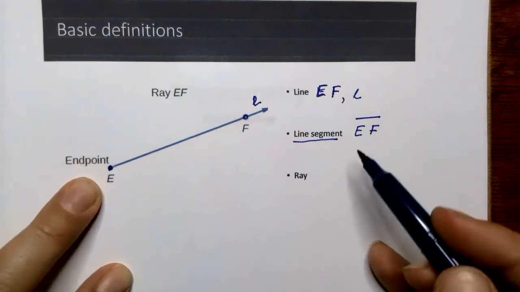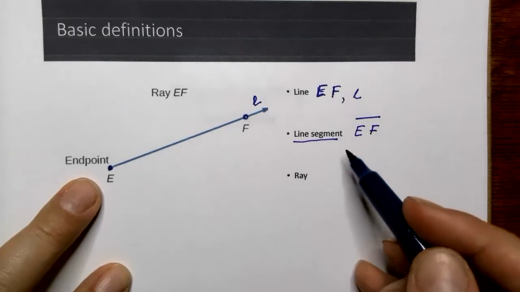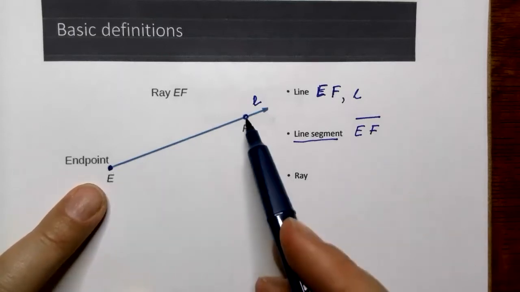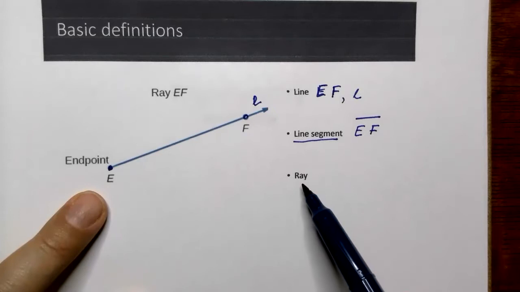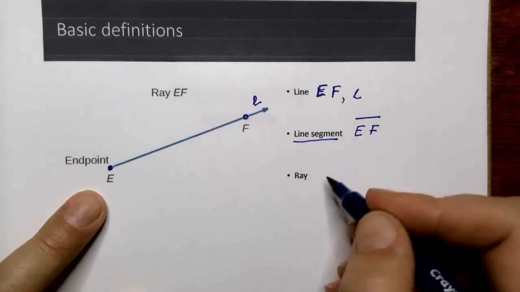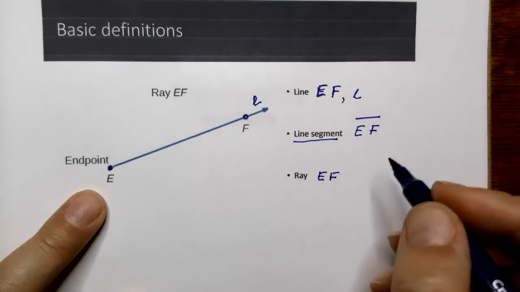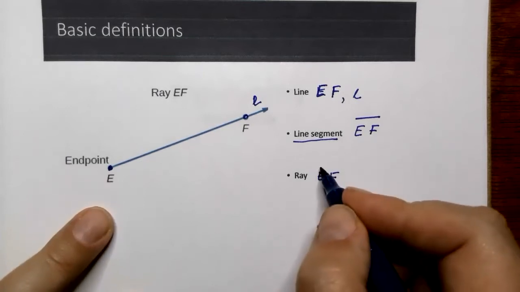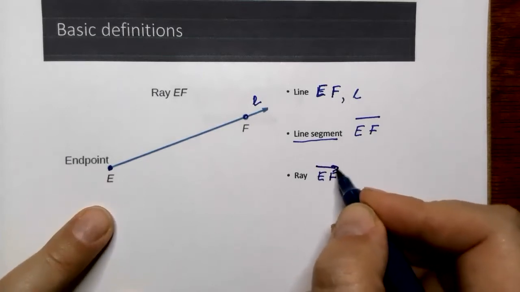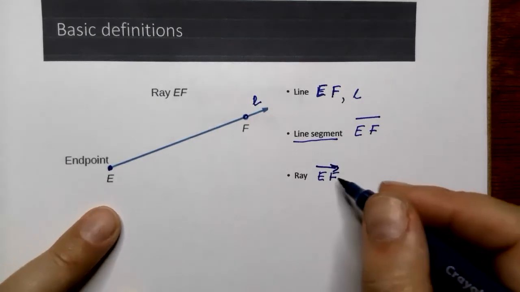Another geometrical object that we could specify using these 2 points is a ray. A ray is a directed line segment. We're also going to use our points EF, and above it we're going to have an arrow saying that it's a ray.